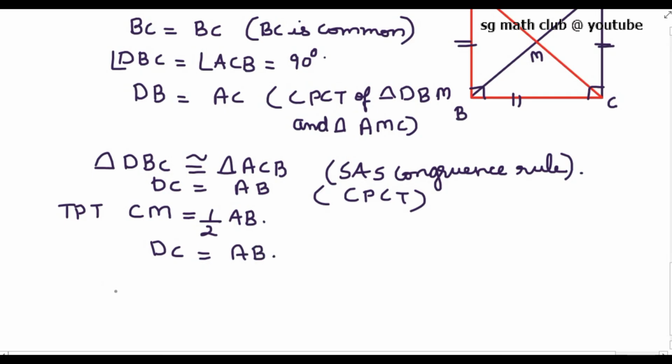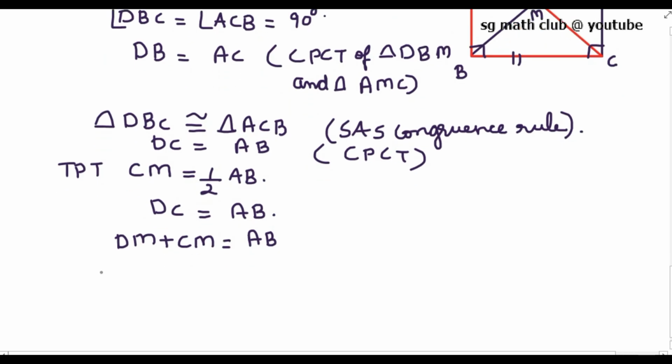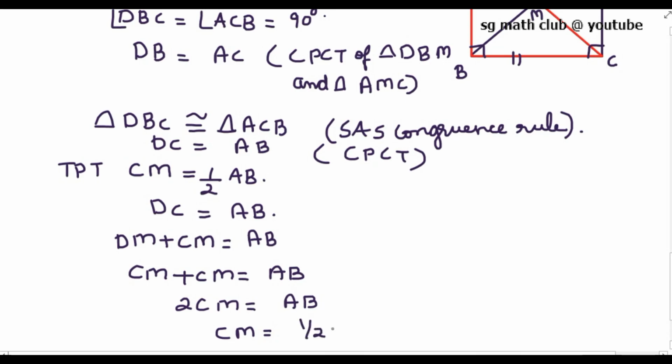DC I can write as DM plus CM. We can see in the figure, DC is nothing but DM plus CM, which is equal to AB, and already in the question it is given that DM is equal to CM, so I am replacing DM by CM. So 2 times CM is equal to AB, or CM is equal to half AB.